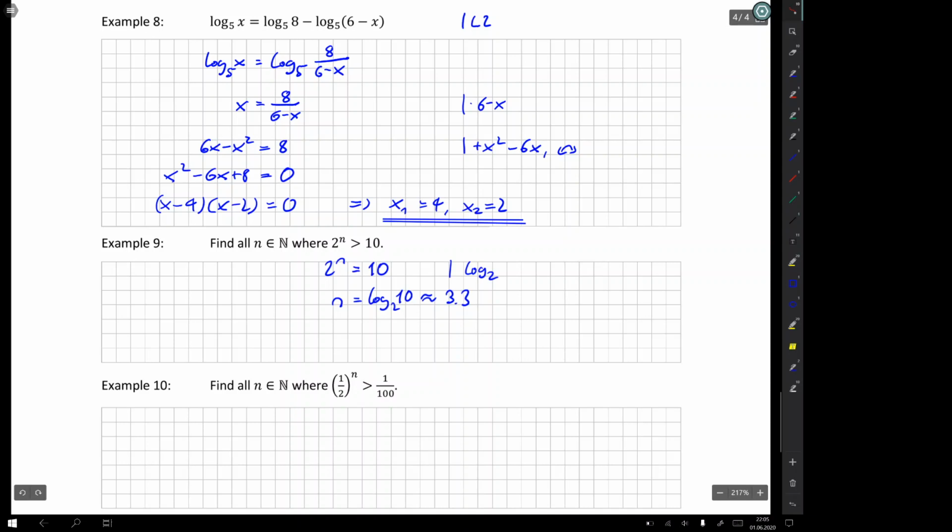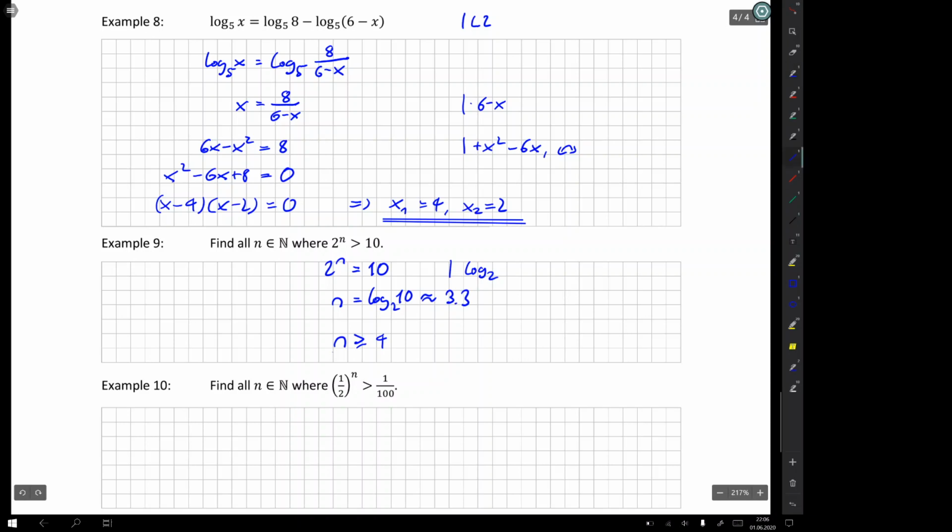Now, if I increase the n, the 2 to the power of n will become also larger. This means I'm looking for an n that is larger than 3.3. So the solutions are all natural n, so all n larger or equal to 4.